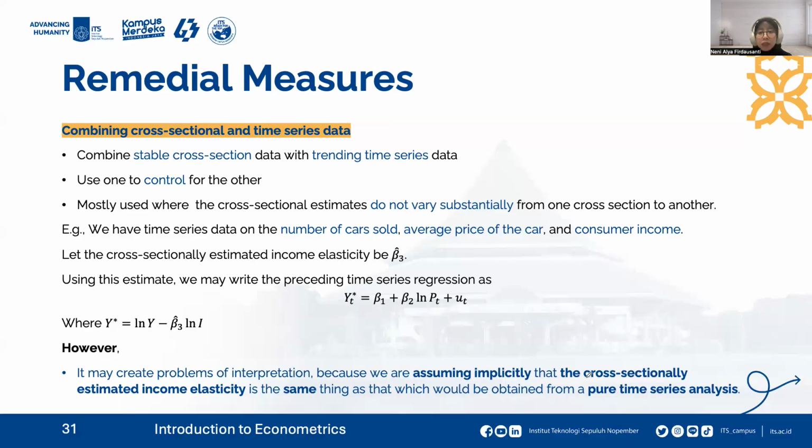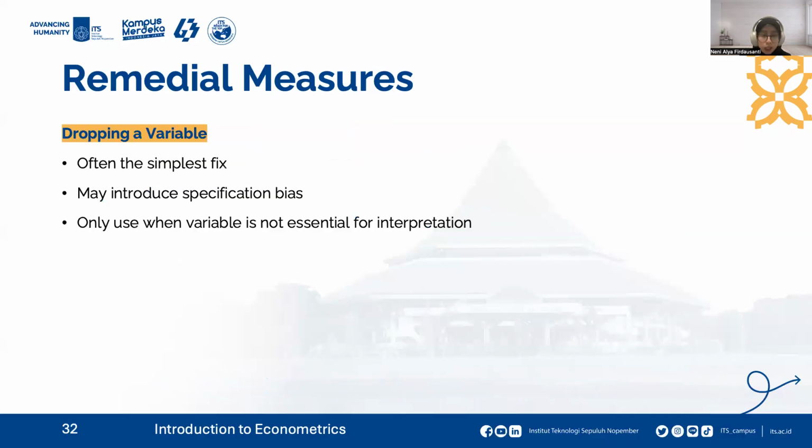And then the next one is dropping a variable. This is the simplest fix that you might do. However, if you drop some variable, it might introduce specification bias. So there's no one-fits-all solution here. There is a sacrifice, like you sacrifice something to mitigate something.